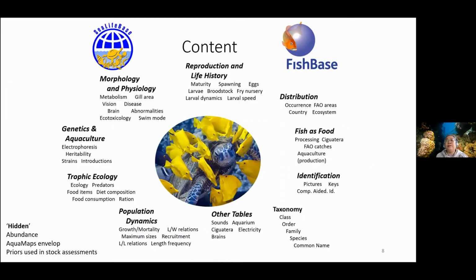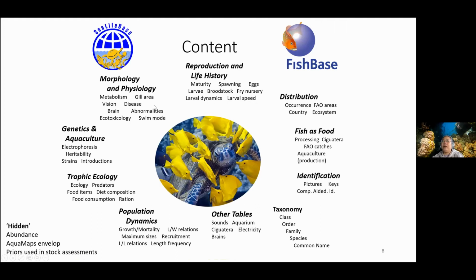And this is the breadth of the contents of FishBase and SeaLifeBase. You can see that the first thing that we would have would be taxonomy, of course, which is over here. First thing we have taxonomy, distribution, and the traits data that we would have would be concerning population dynamics, trophic ecology.